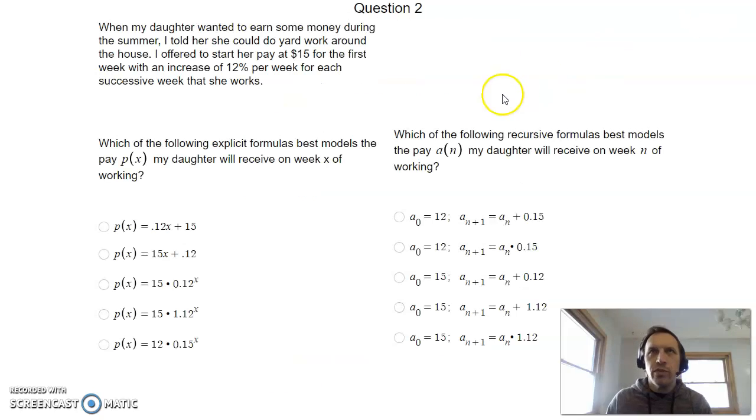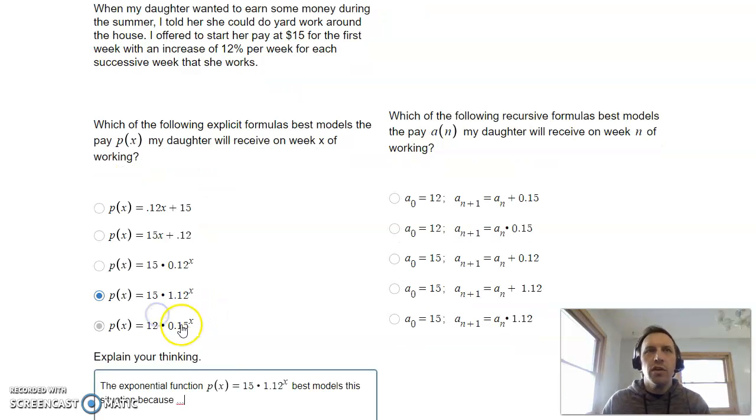Okay? On question 2, the daughter is starting with $15 and it's increasing 12%. Same idea. If it's increasing 12%, we add that to 1 and we get 1.12 to the x power. So it's 112% of the starting value, which is 15.